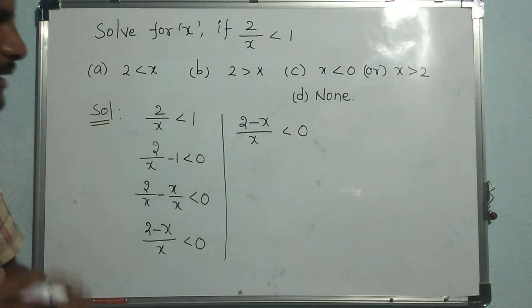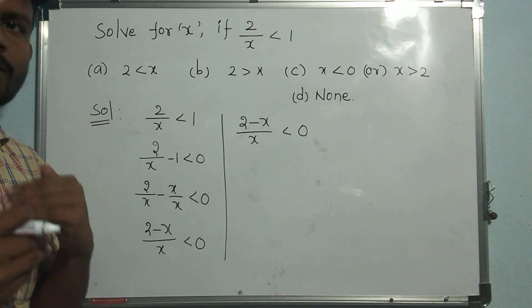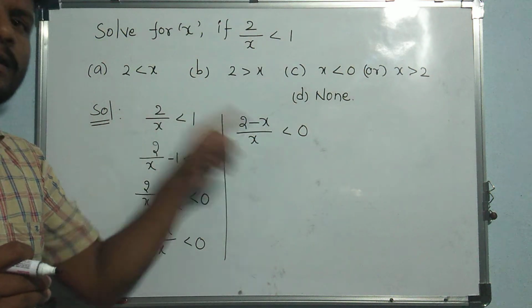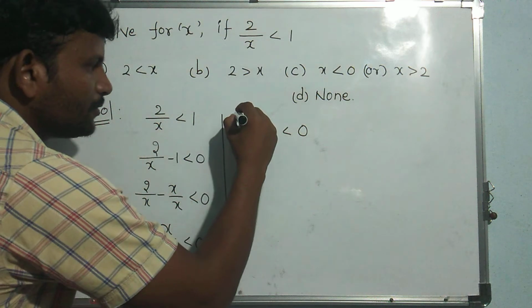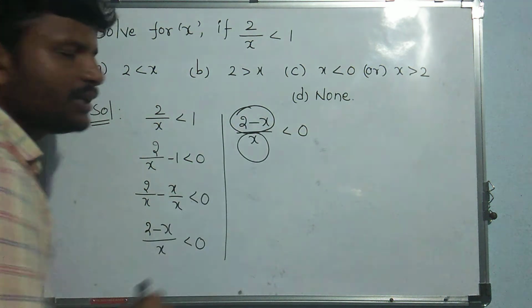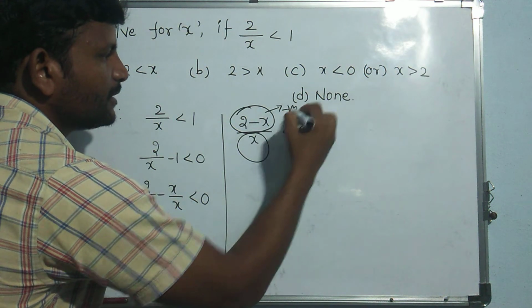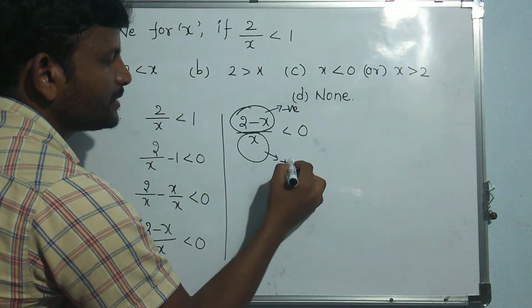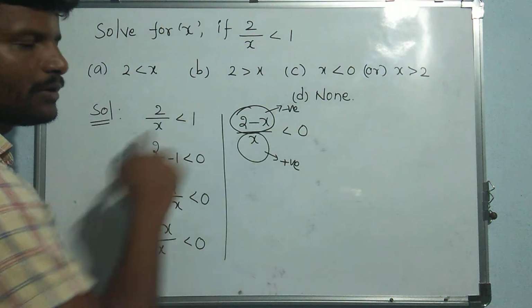And when do we get this solution satisfied all the time? To get a perfect solution to satisfy this inequality, there are two factors we have. One is the numerator and the other is the denominator. If this is negative and this is positive, you get negative divided by positive, which is always negative.